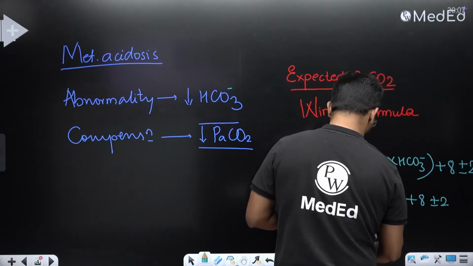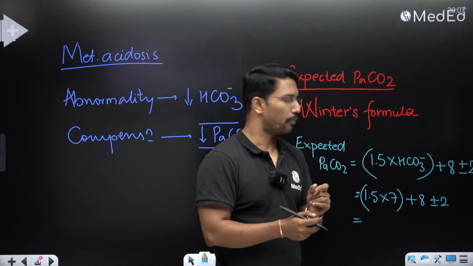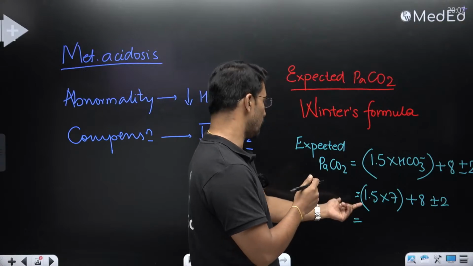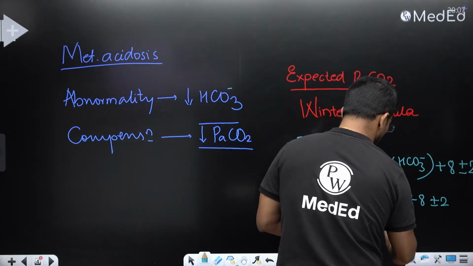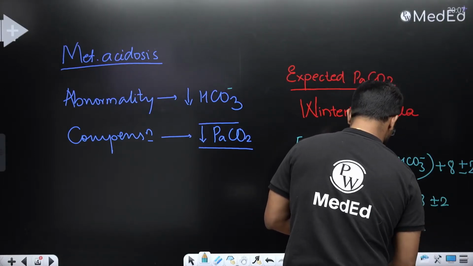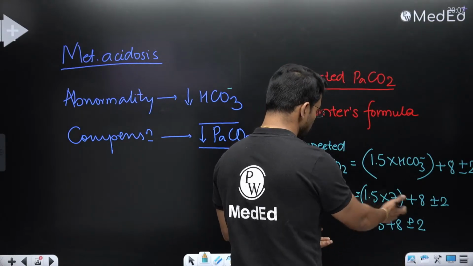That will give me the expected PaCO2, right? 1.5 into 7 will be 10.5. Plus 8 plus or minus 2 to get the range. So 10.5 plus 8 is 18.5 plus or minus 2.